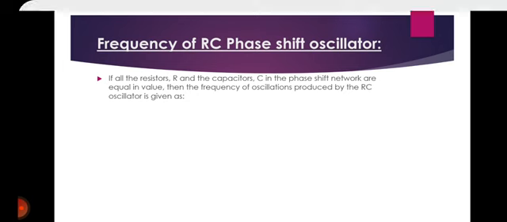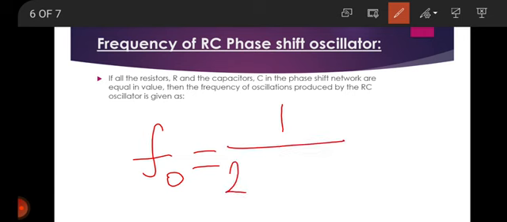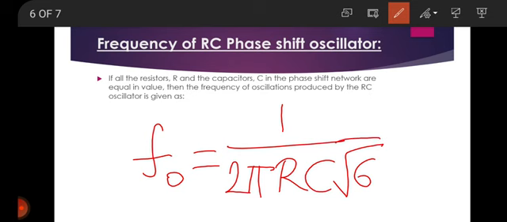Then we see the frequency f naught, that is the output frequency, which is equal to 1 upon 2 pi RC under root 6.